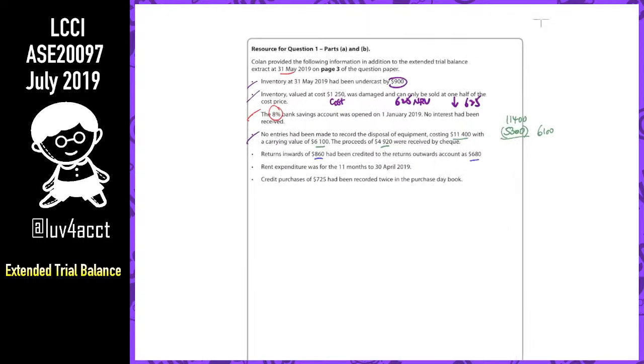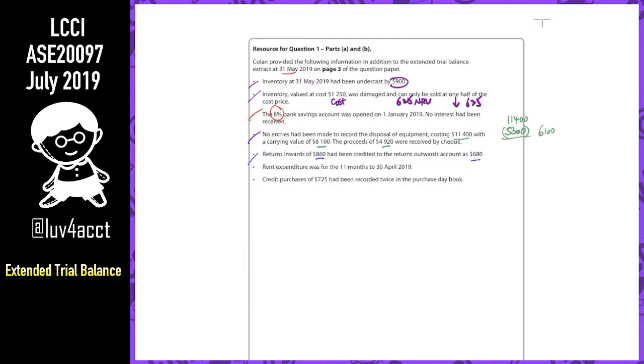Next, rent. Rent expenditure was for the 11 months to 30th April. That means we have 1 month accrued.